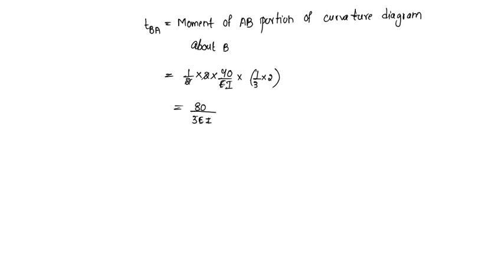So the final deflection at B will be 160 by EI minus 80 by 3 EI, which is 400 by 3 EI.